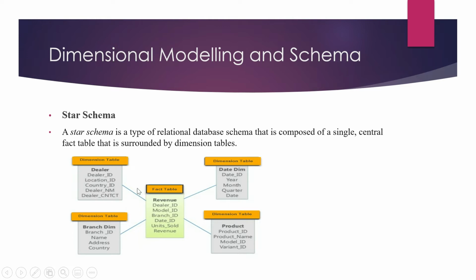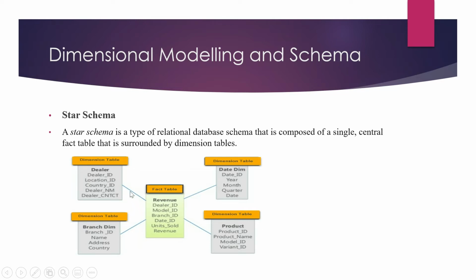If you look closely, for every dimension table there is a relation between the fact and the dimension. For dealer, you can see that dealer ID is present here. It's the foreign key concept: the primary key of the dimension table is populated in the fact table, so it relates as a foreign key.